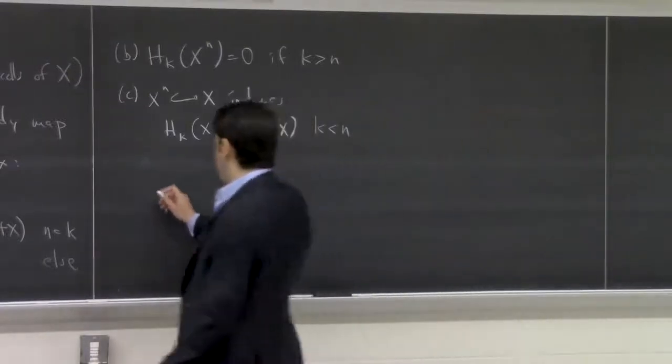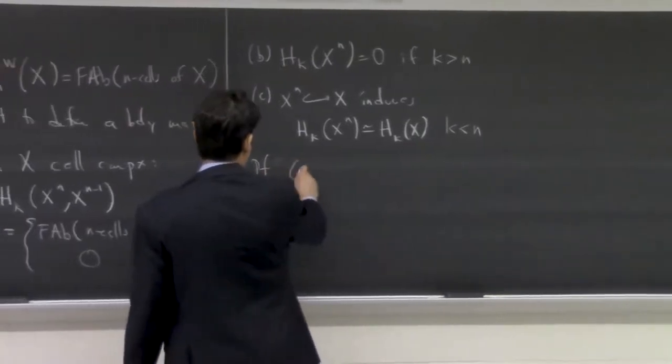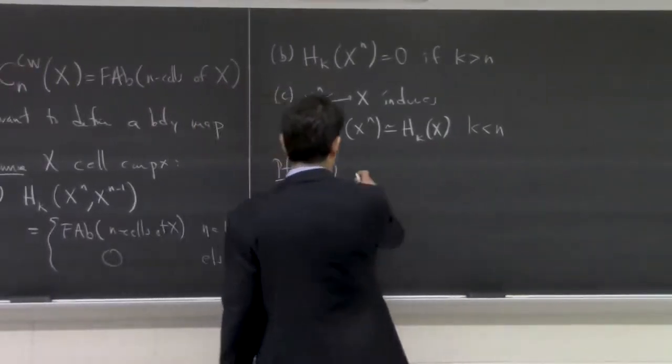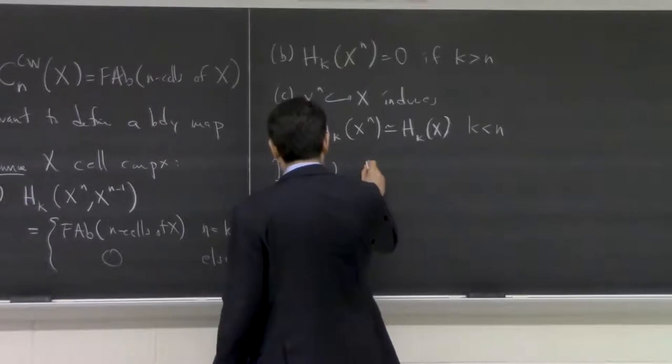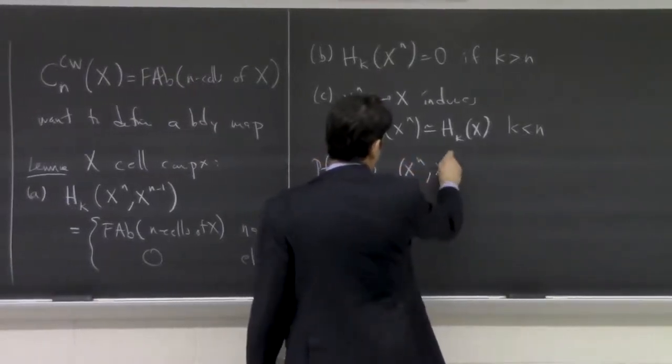Okay, so the proof of A is the same proof as for delta complex structures, namely that this is a good pair.